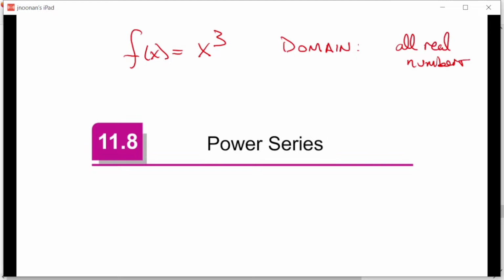Let me do another one just so that you understand where I'm heading with this. What about f of x is equal to the square root of x? Domain.